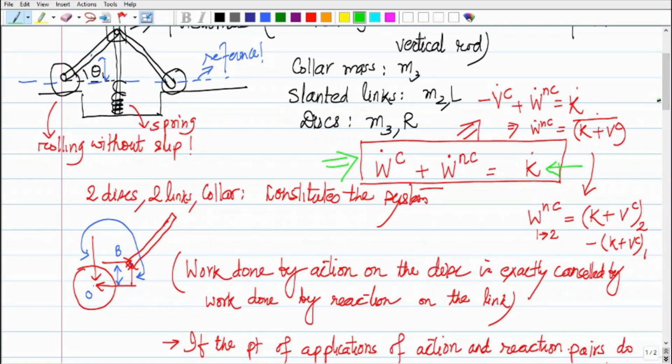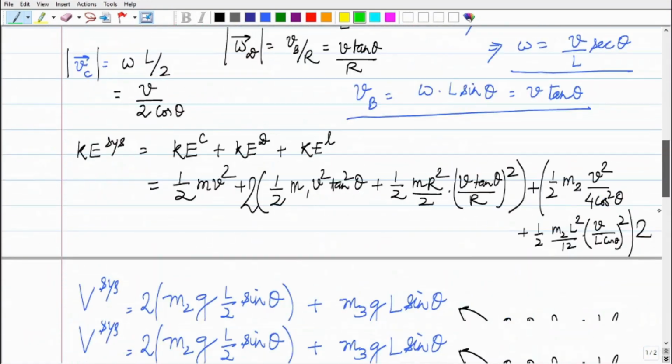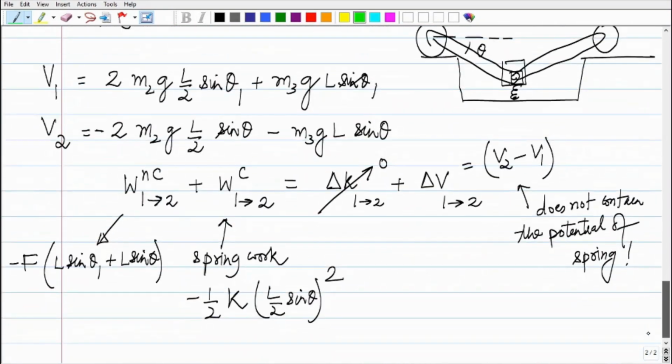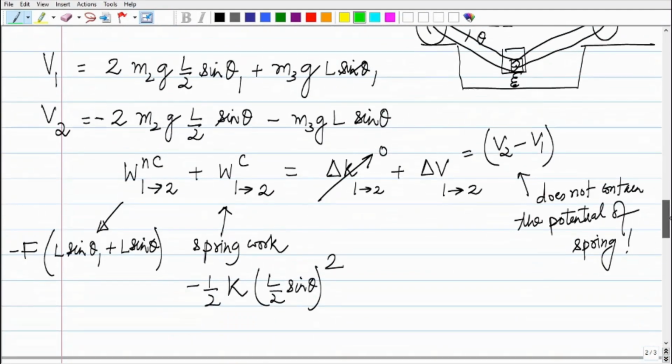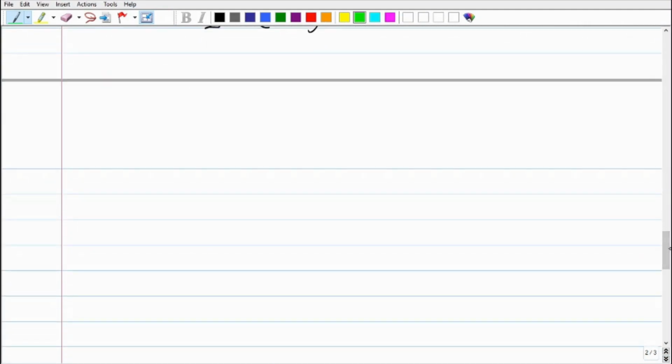So let's try to work this out. We want to use the rate form.